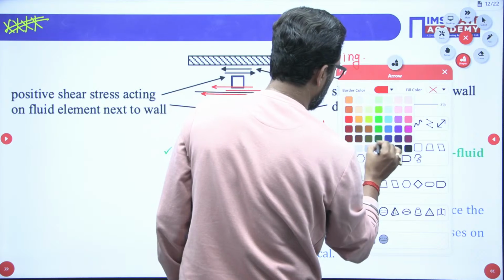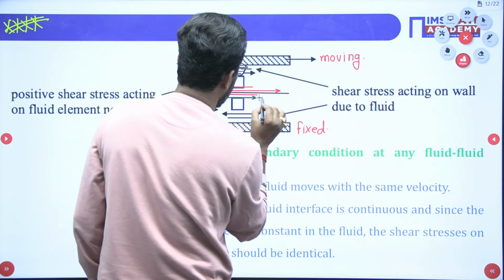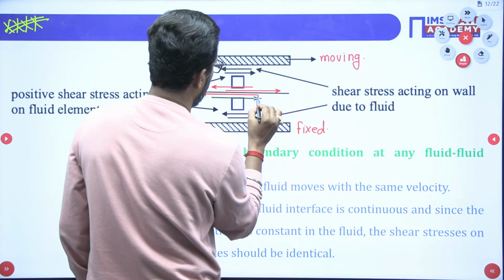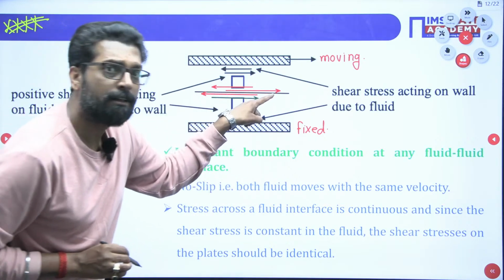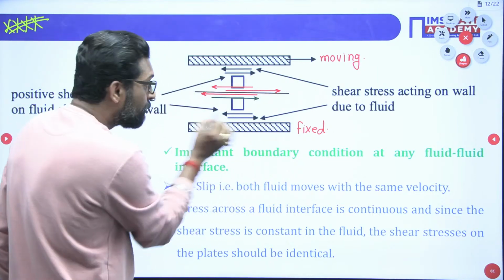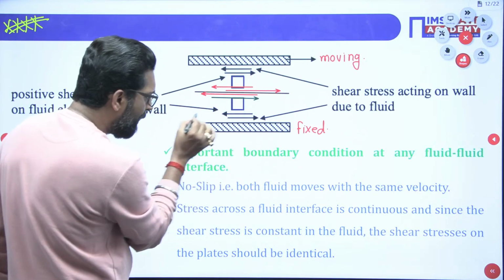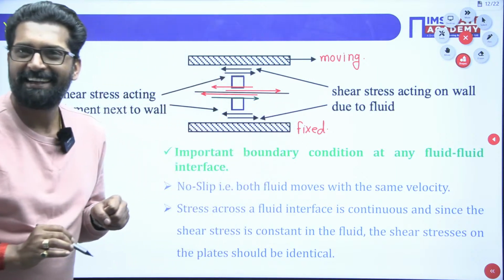On this fluid element, it is in the right side direction. If on this fluid the stress is in the right side direction, then the stress on the bottom one is in the left side. So if the stress on the bottom portion of the fluid is in the left side, then on the bottom surface it is in the right side. Clear?